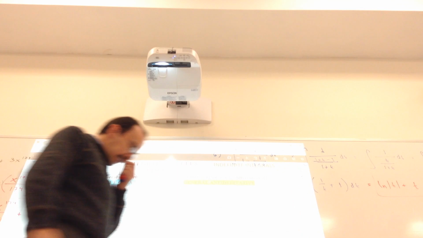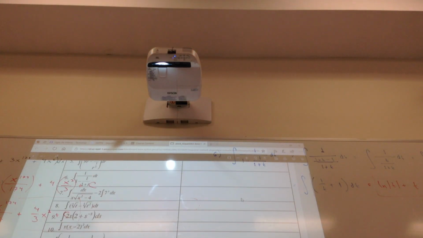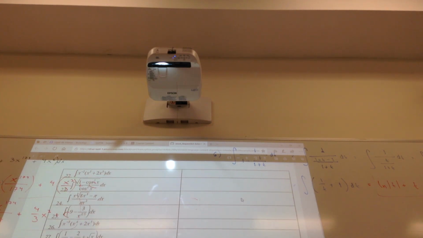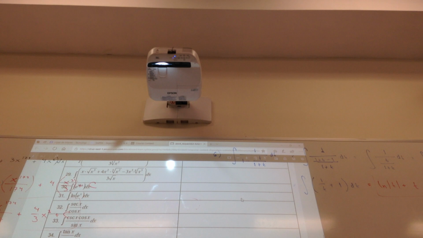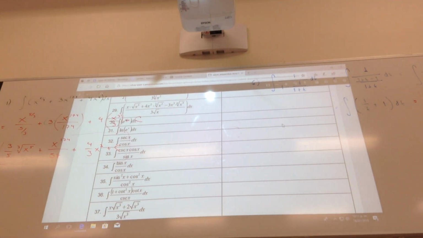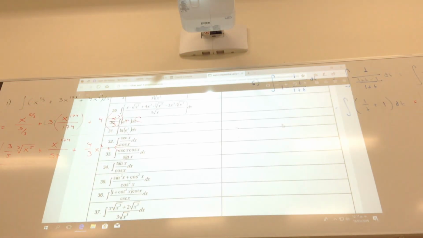Excellent. Let's try another one. What about 29? Yeah, exactly. In this case, just like the derivatives last semester, the first step is to simplify.